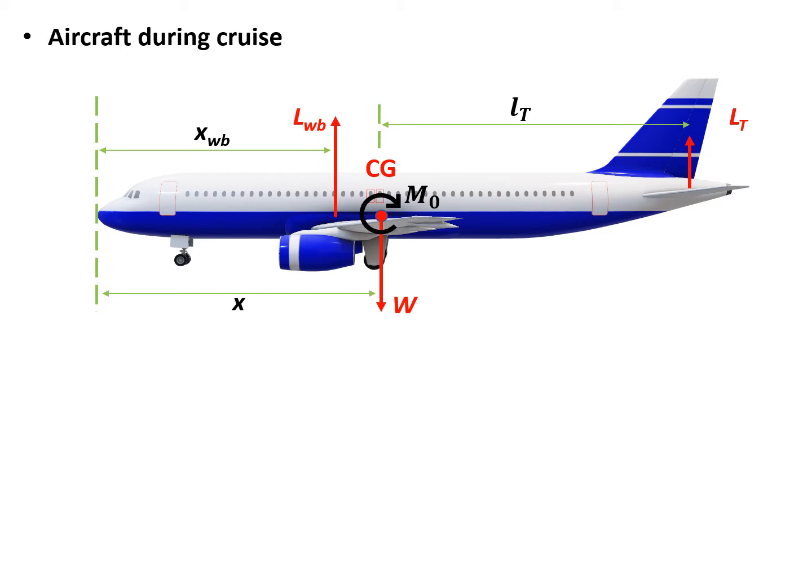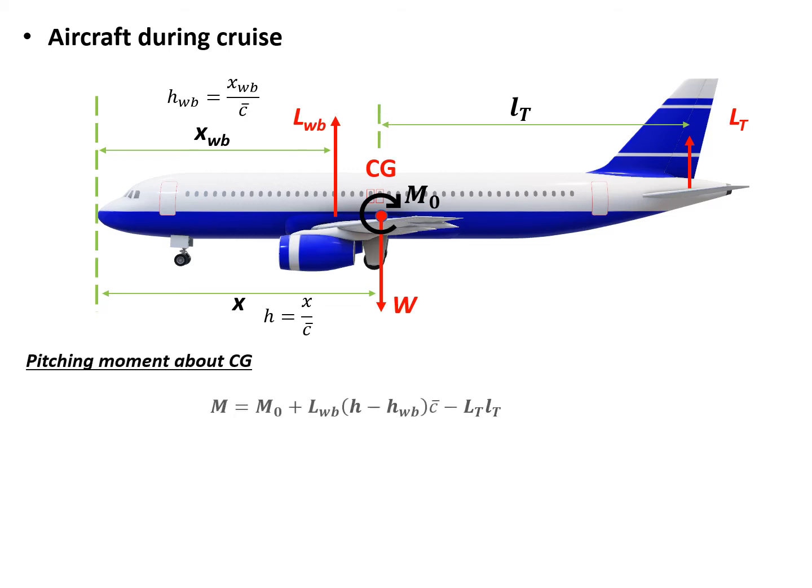Instead of writing down XWB or X directly, we define a ratio. So we use HWB equals XWB divided by the mean aerodynamic chord, and H equals X divided by C bar, the mean aerodynamic chord. Now we can write down the moment equation about the CG.